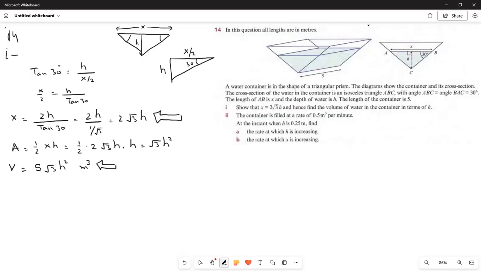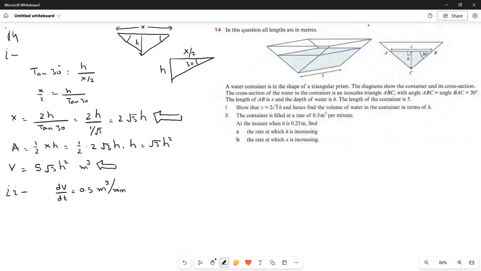Now the next question is part 2. What does it say? The container is filled at a rate of 0.5 cubic meters per minute. It means dV by dt, the rate at which the volume is changing, is 0.5 cubic meters per minute.